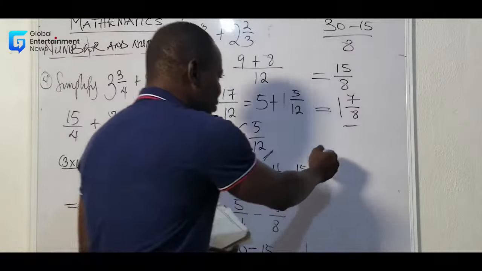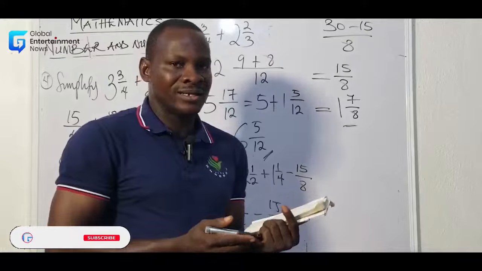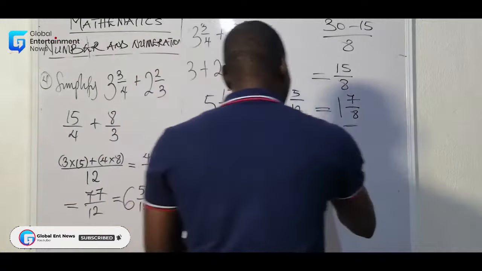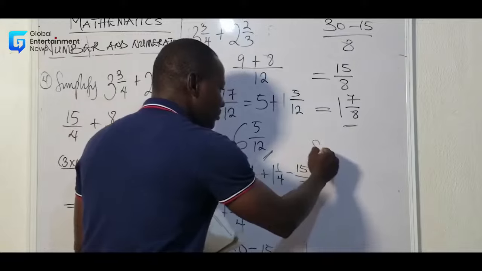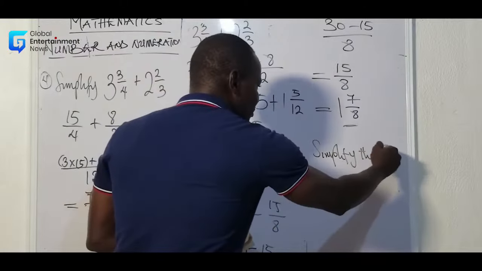Now, I'm going to write these 2 questions. Then when you solve it, you can drop your answer at the comment section. So these are the questions. Simplify the following.